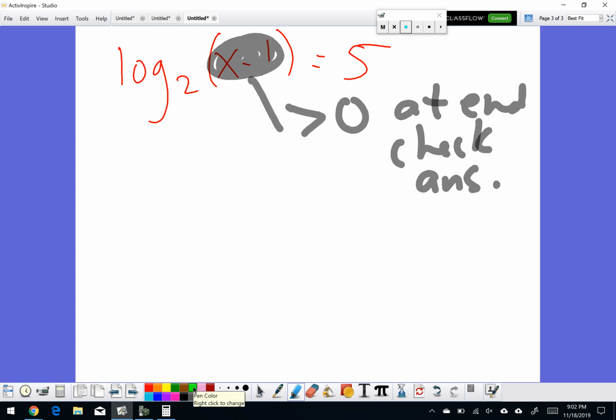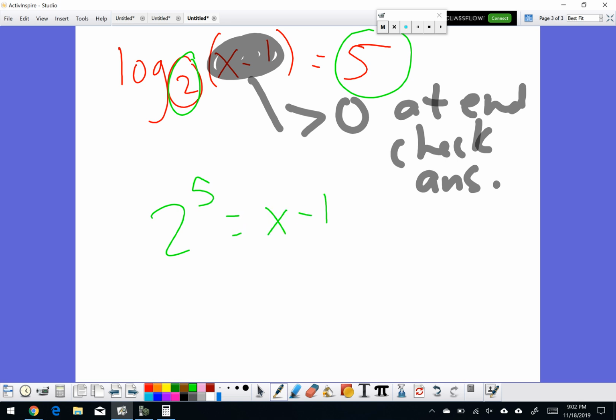I'm sorry, that was a horrible color, but here we go. So I'm going to go 2 to this power equals x minus 1. Once again, I got stuck, so I went ahead and switched from logarithmic to exponential. 2 to the 5th is something I can quickly put in. That's 32 equals x minus 1. I add the 1.